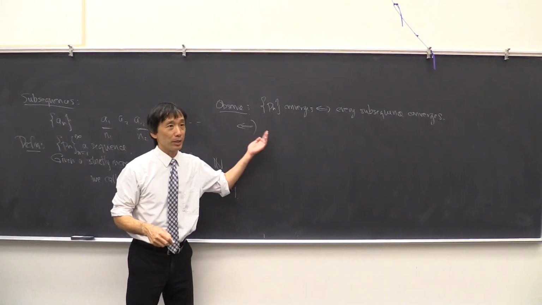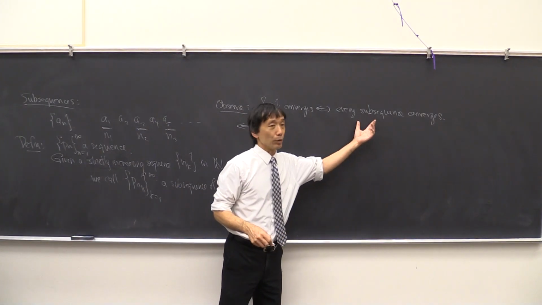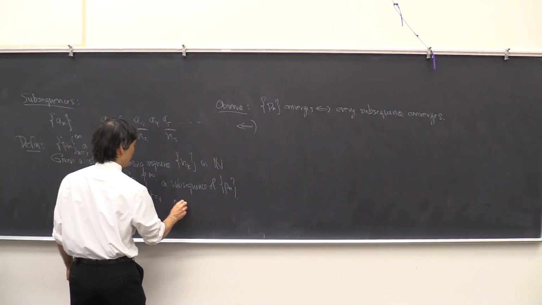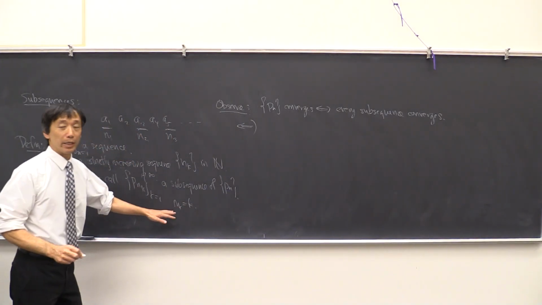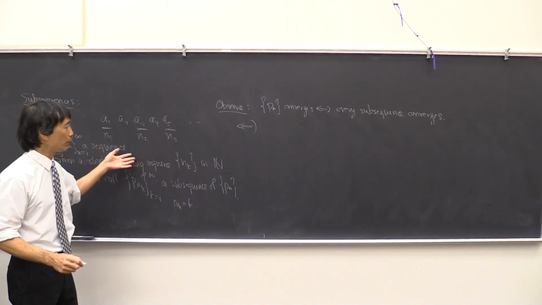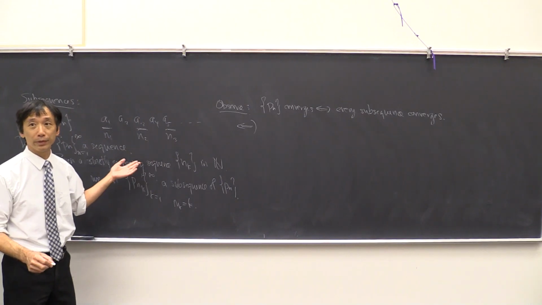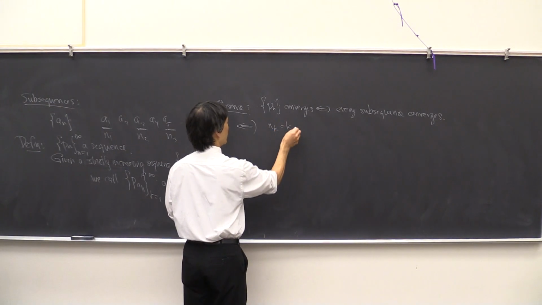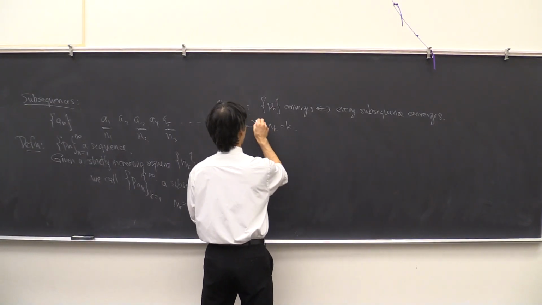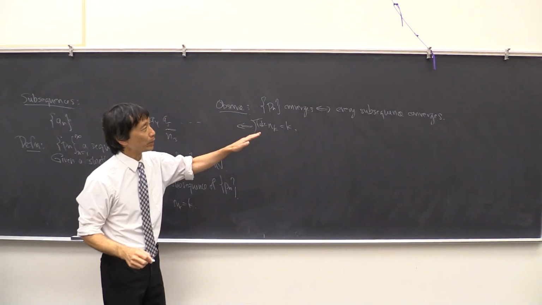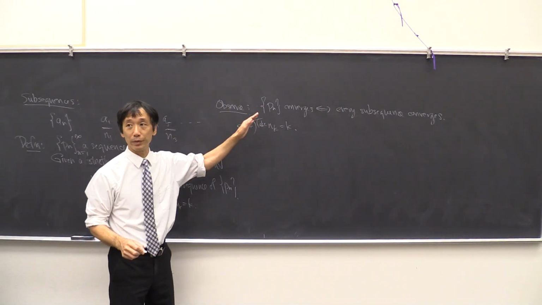The backwards direction is clear, because you could take the subsequence with n sub k just being k, and that would give you the full sequence. So the sequence is a subsequence of itself. Take n sub k equals k. So if every subsequence converges, then the original sequence converges.